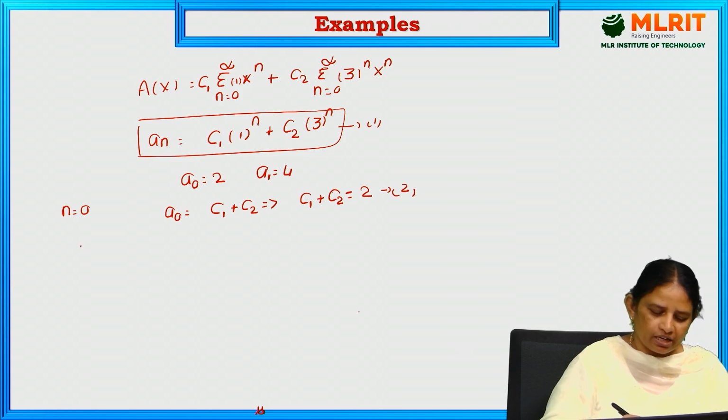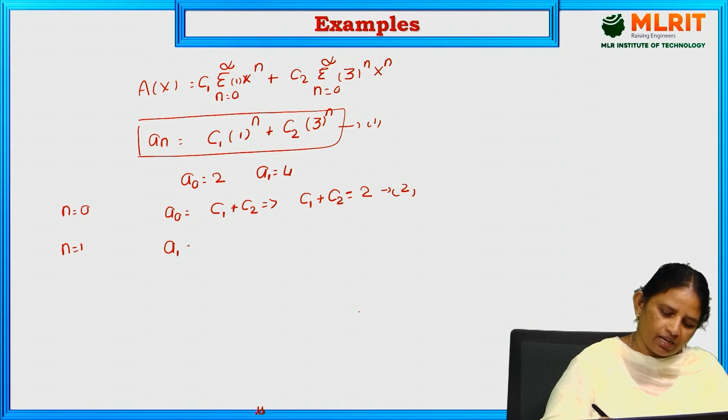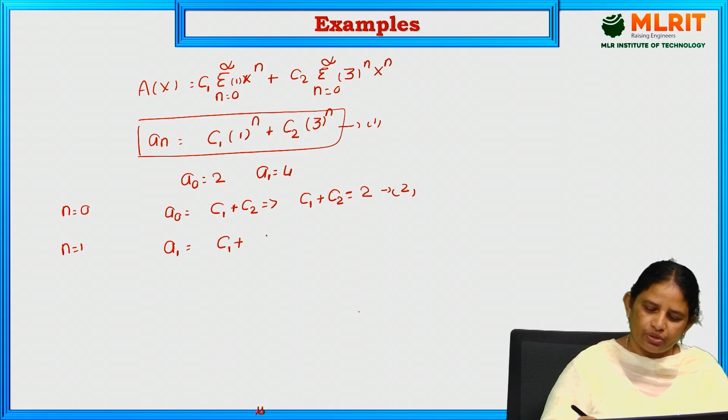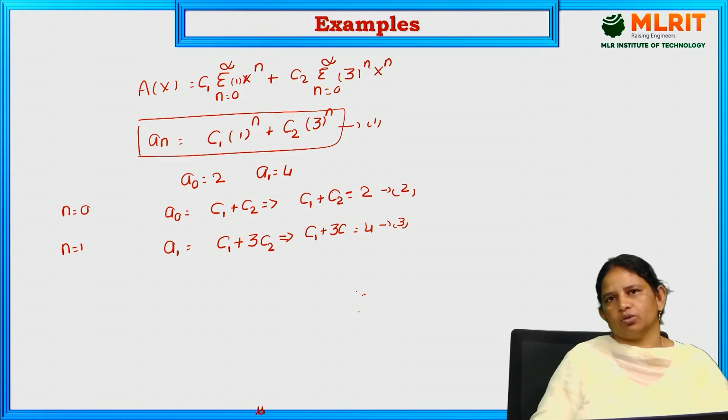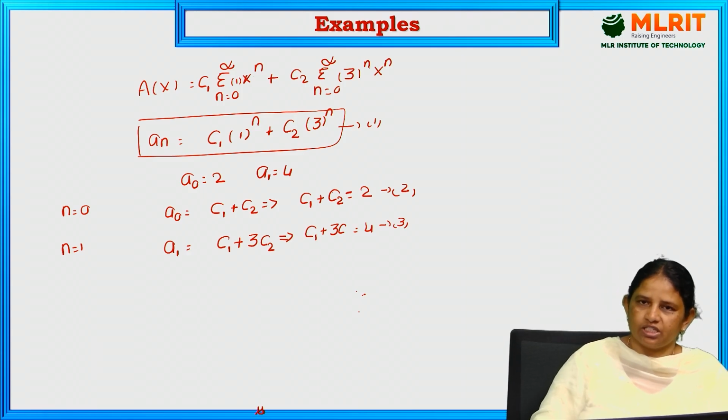Next, put n equal to 1 in equation number 1. Then A1 equal to C1 plus 3C2, that is C1 plus 3C2 equal to 4. That is equation 3.